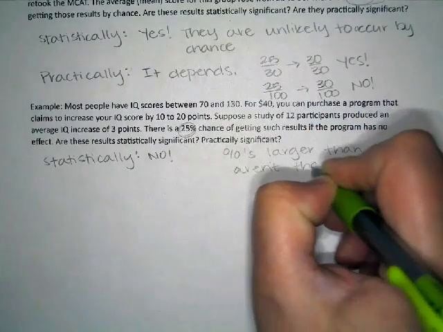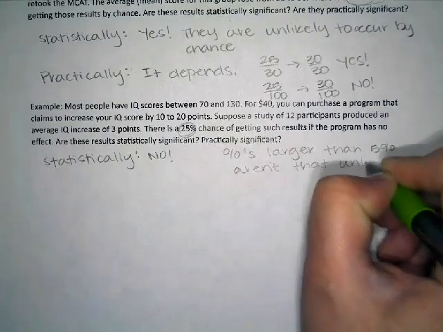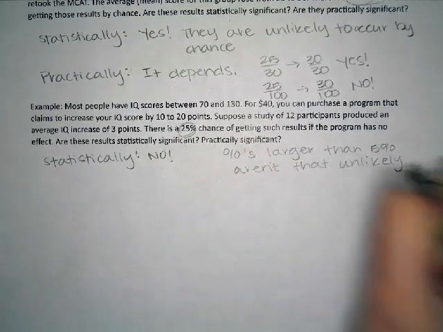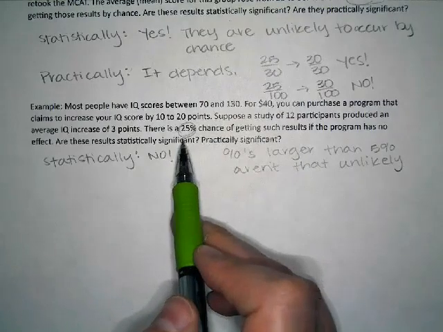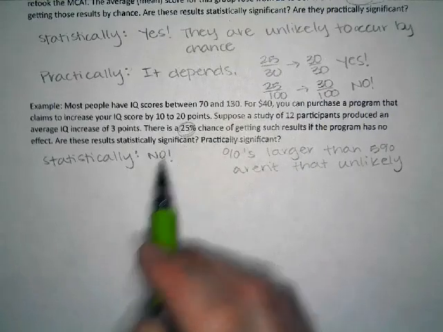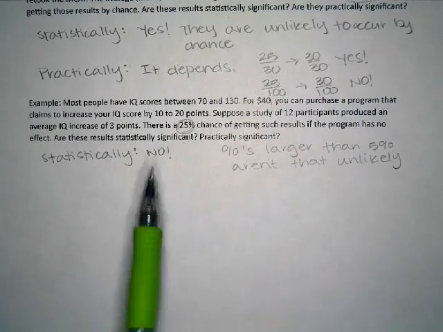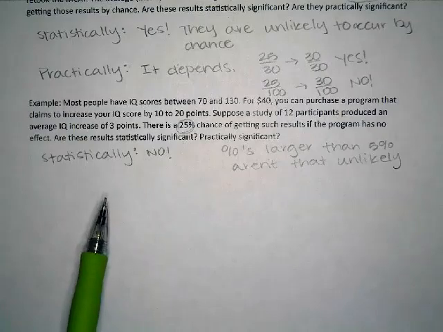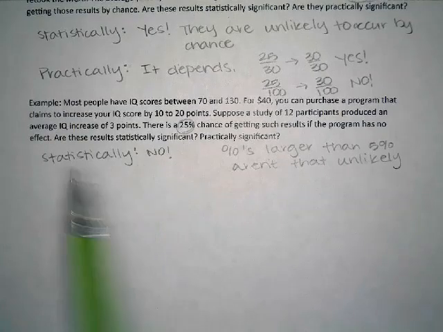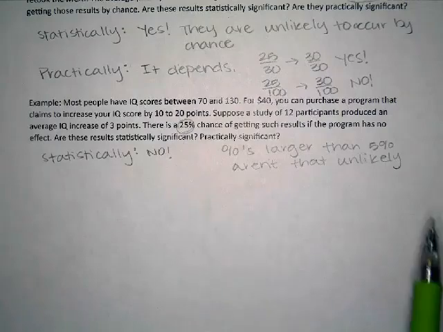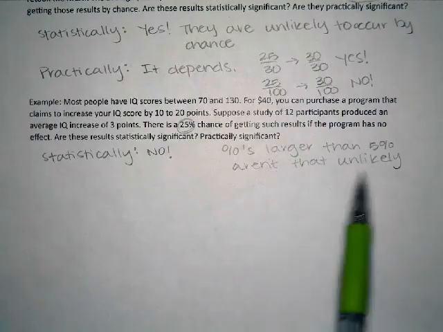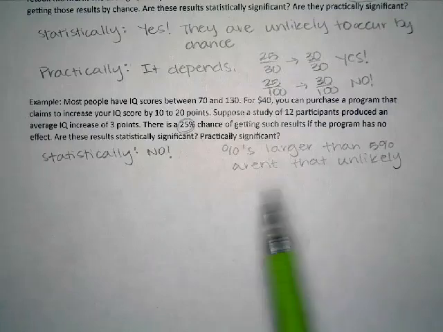So if it had said there's a 6% chance of getting these results, that would not be statistically significant. If it said there's a 28% chance, that's not. If it said there's a 50% chance, that's not. If it said there was a 2% chance, then you'd say yes, that is statistically significant. So numbers that are less than 5, you'd say yes. Numbers that are greater than 5, you'd say nah, they're not that unlikely. That could have happened by chance.